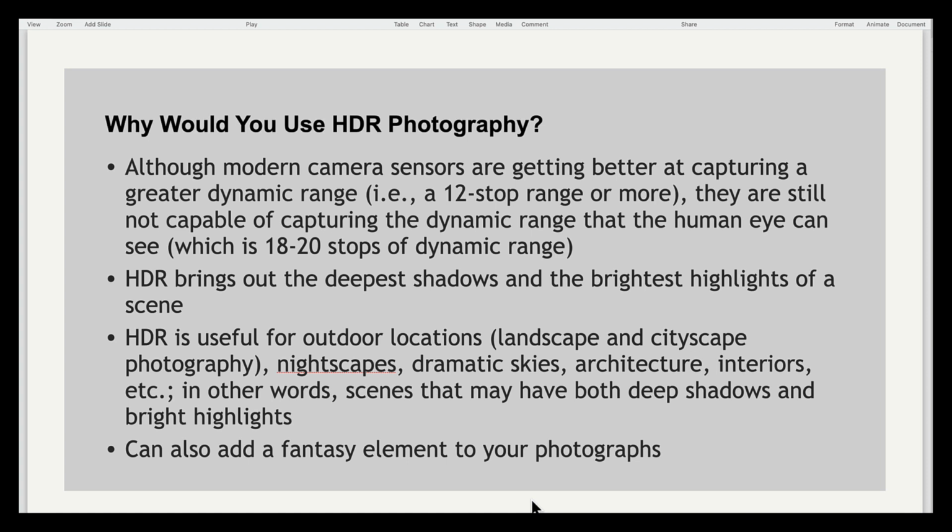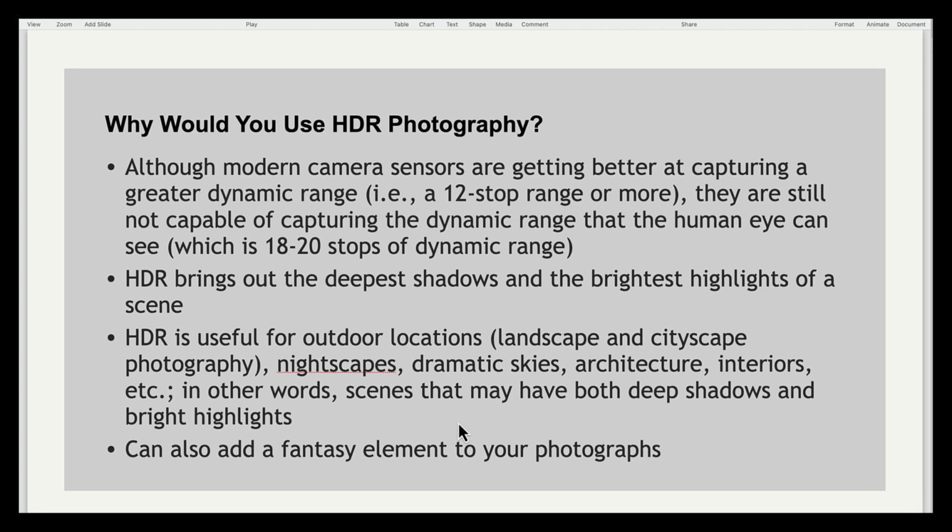So what are some examples when HDR might come in handy? As you might have guessed, with landscape photography or cityscape or nightscape, examples of when we have scenes that have kind of these dark shadows or these kind of blown out highlights, that sort of thing.